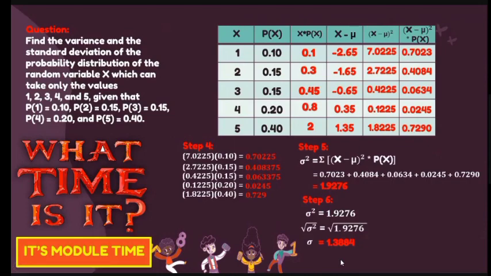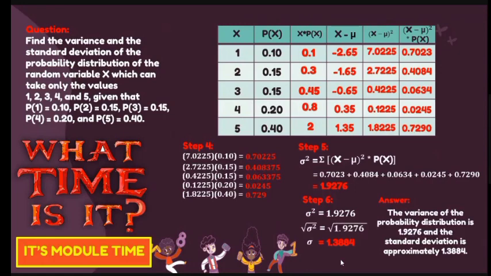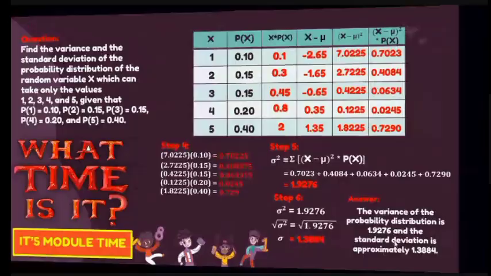So, last part natin for step number 7, we have to interpret our result. So last one, the variance of the probability distribution is 1.9276. Ito siya. And the standard deviation is approximately 1.3884. Ito po siya, itong part na to.